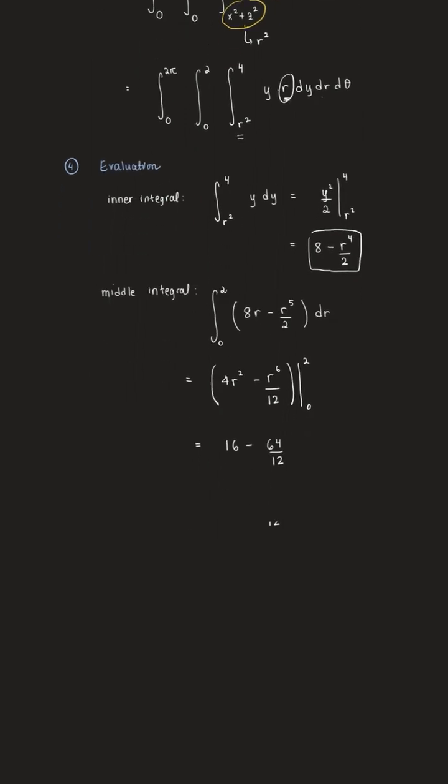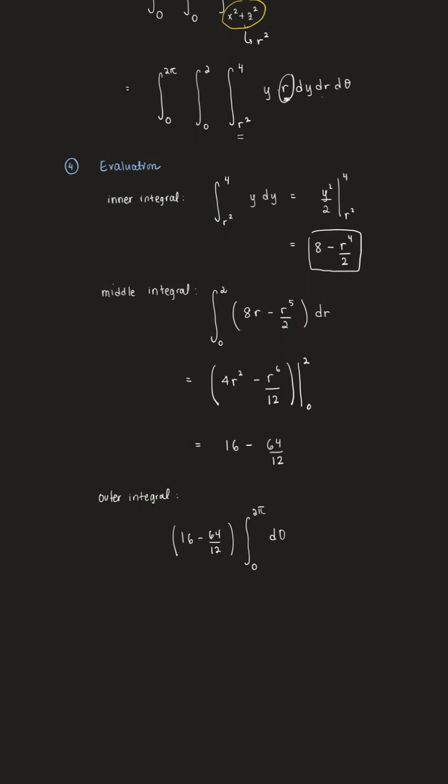And let's work on our outer integral, which will be in terms of theta. Now notice this is just a constant, so I can really pull this out as a constant. And we're just left with integral from 0 to 2 pi of d theta. Sorry, I was already integrating.